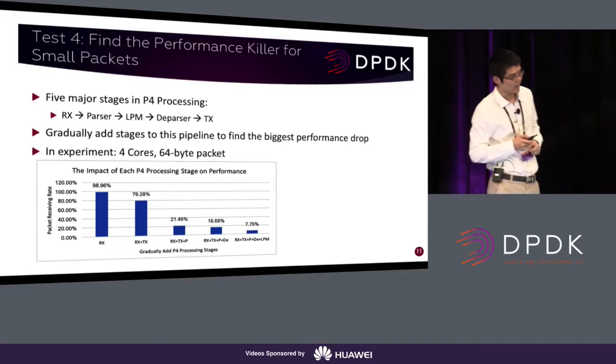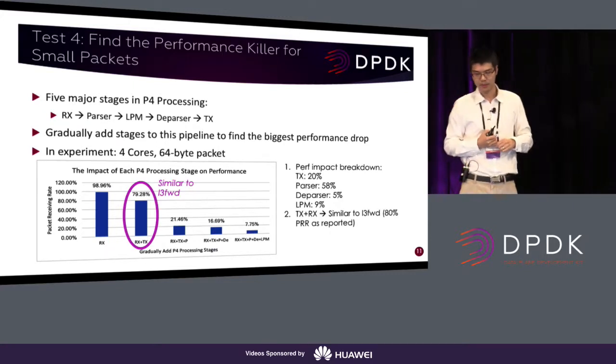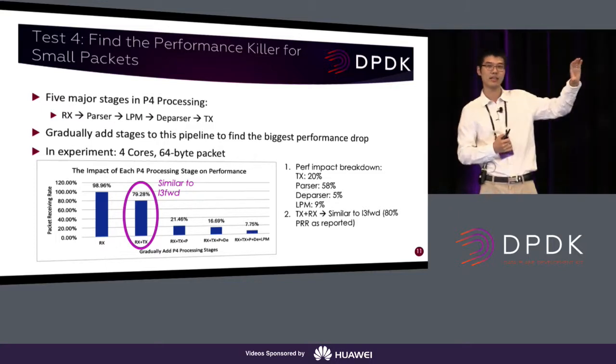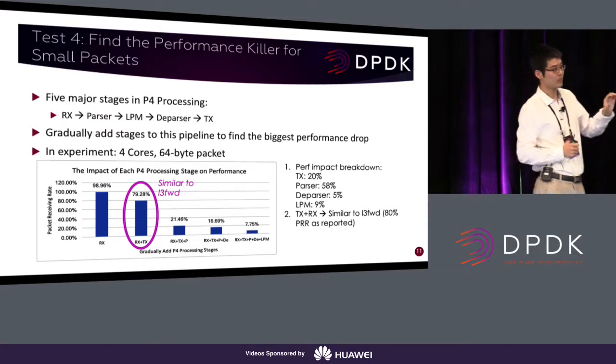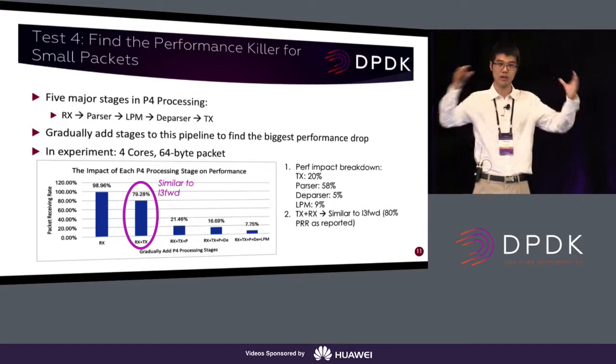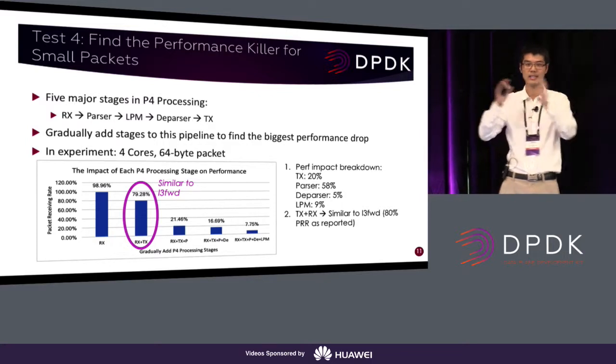Now, if you look at the second bar here, there's a 20% performance drop. This is because we add Tx to the whole pipeline. Now, this whole pipeline contains both Rx and Tx.